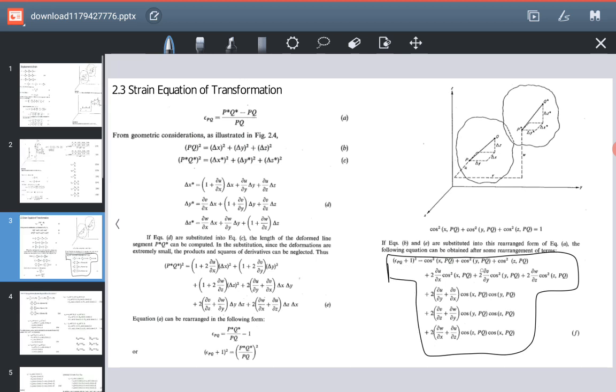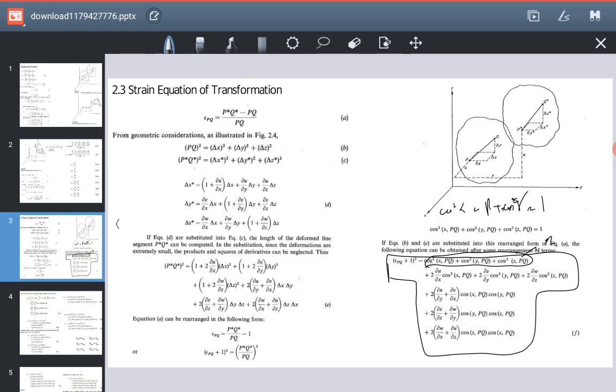Now we actually know that we have cos square of the direction cosines. This can be equal to 1 because this is cos square alpha plus cos square beta plus cos square gamma equals 1. So this is the law of cosines, if you remember, you studied in your second intermediate.